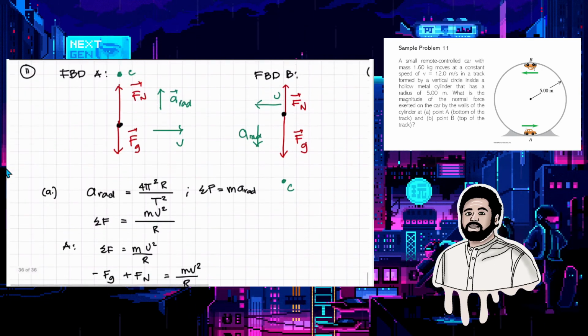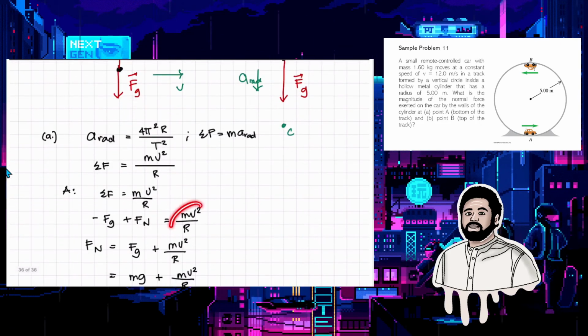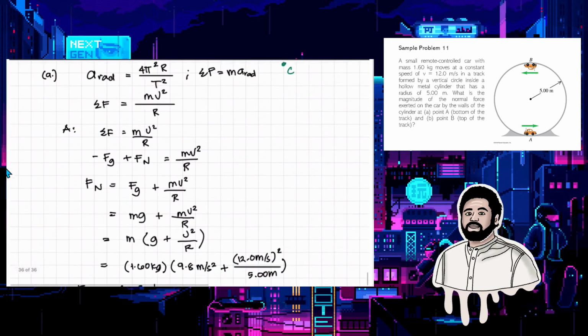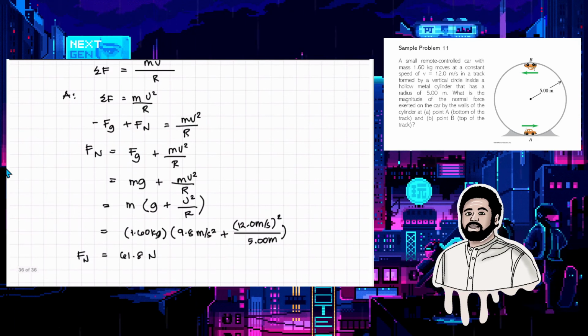Just take note that the normal force is pointing up, so it should be positive. Solving for the normal force, derive this equation so that you arrive at this one. The normal force at the bottom is 61.8 newtons.